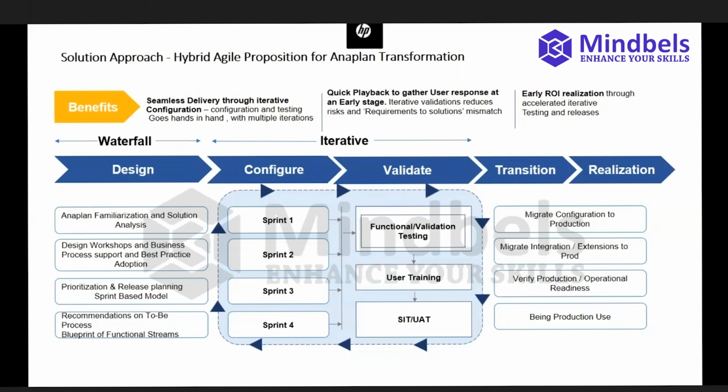A quick question for you: for these 10 requirements in sprint 1, how many dashboards, or how many user experience pages, do we need to build?